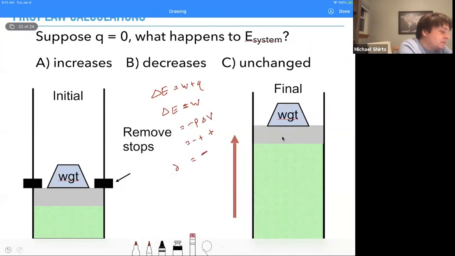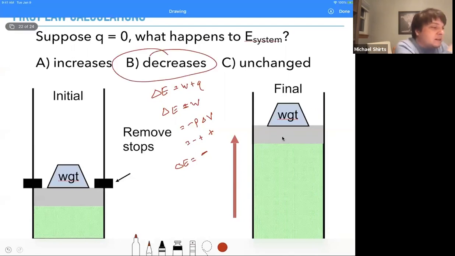Delta E is negative, and therefore the energy has decreased. It had to give up some energy to lift the weight. So the energy is decreased because it had to give up energy to lift the weight.